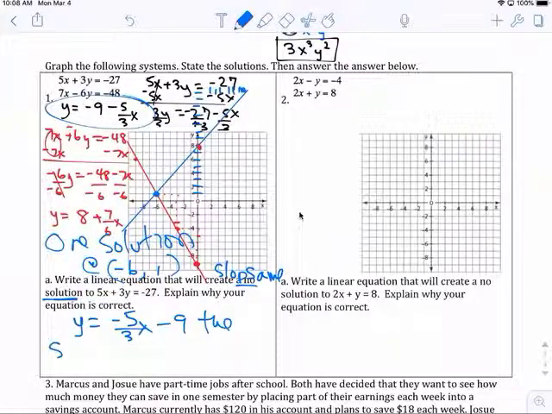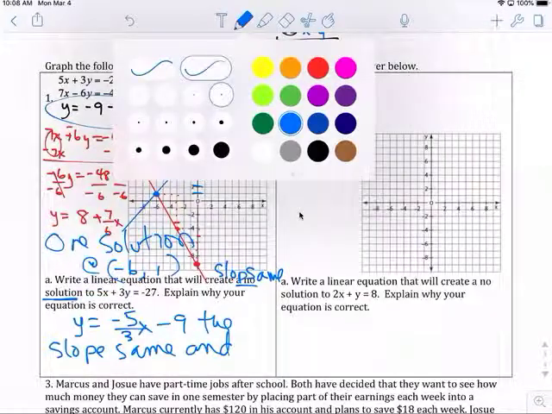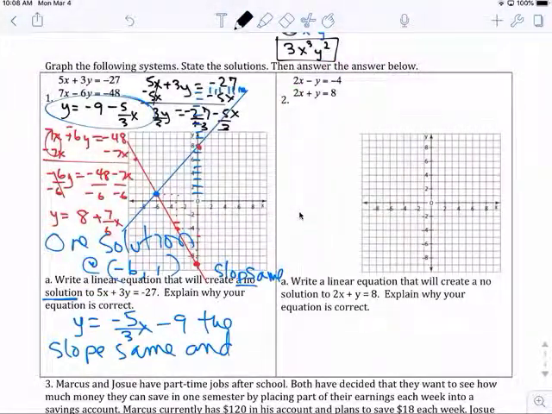The slope's the same, and the y-intercept is different. You don't need to explain to me which one's the slope. All of you, I've read all the stuff, is correct. And the y-intercept, you know which one is the y-intercept, which one's the slope, are different.